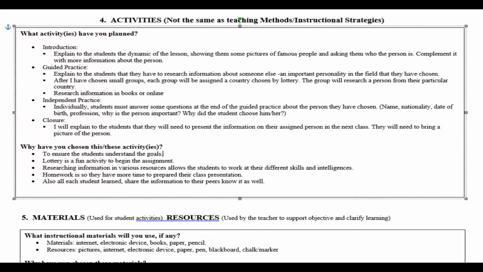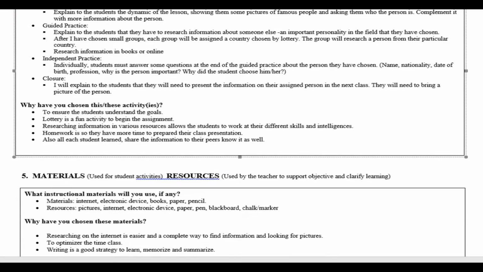Researching information in various sources allows the students to work with their different skills and intelligences. And the homework is so they have more time to prepare the class presentation. Also, each student learns and shares the information with their peers.